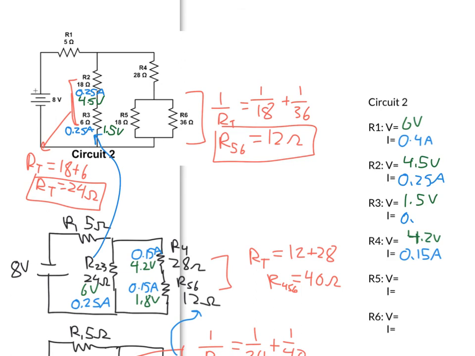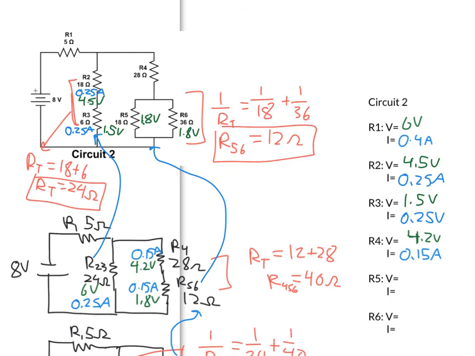Alright, and then moving on to my last 2 resistors here. I have R56, came from combining 5 and 6 in parallel. Because they were connected in parallel, each one will get that full voltage, so each one will get 1.8 volts. And then I can use Ohm's law to get the current here for each one.